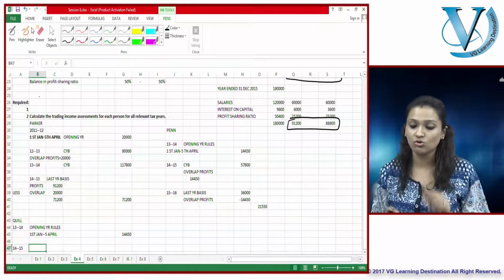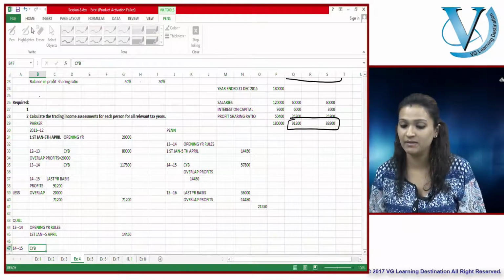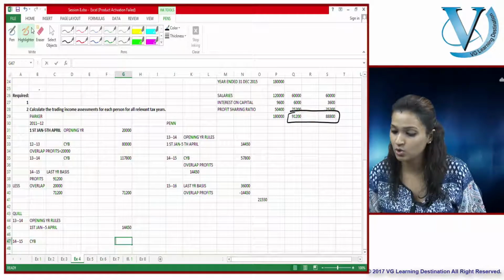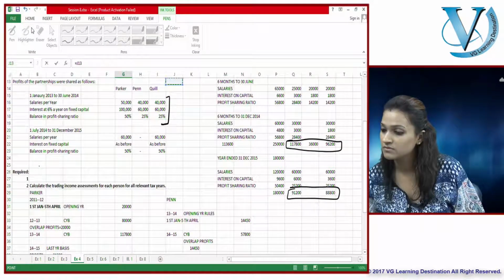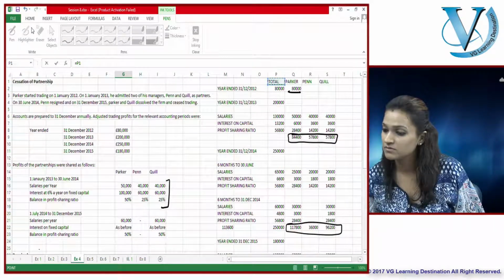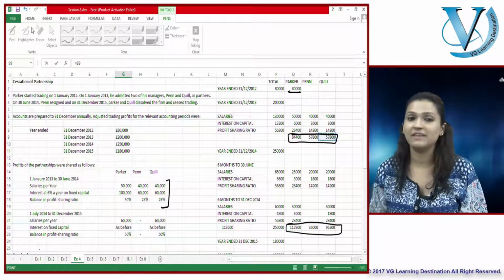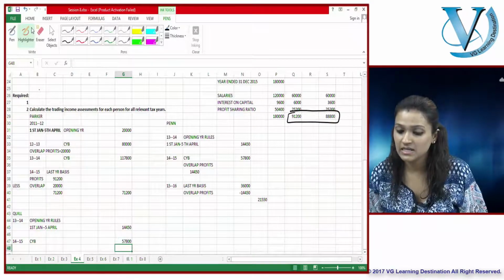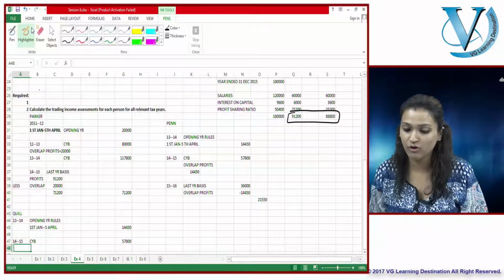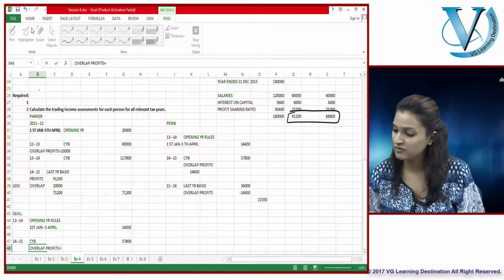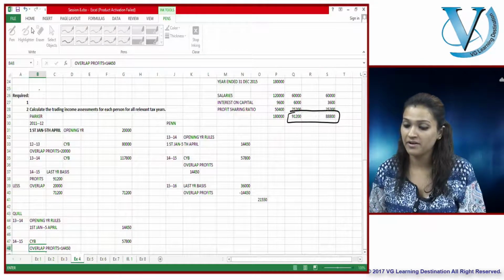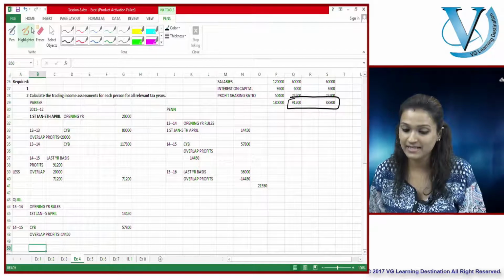So you tax those 12 months as per your current year basis, thus resulting in a total profits of 57,800 being taxed, thus resulting into an overlap profits of 14,450.